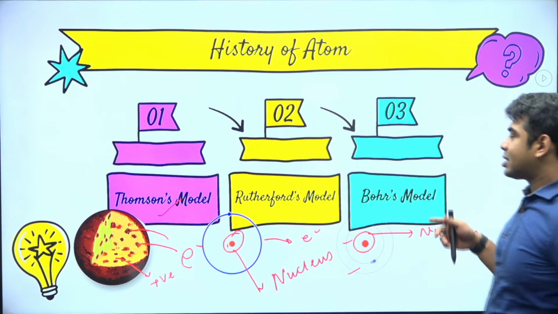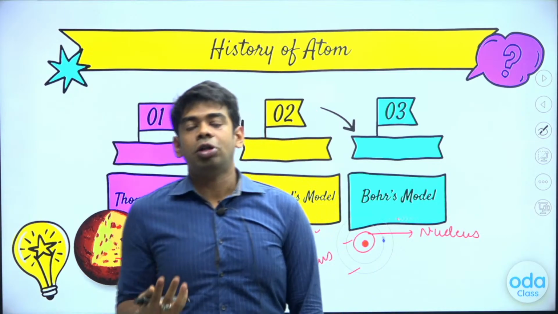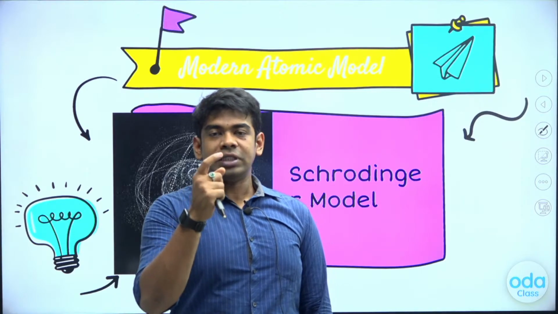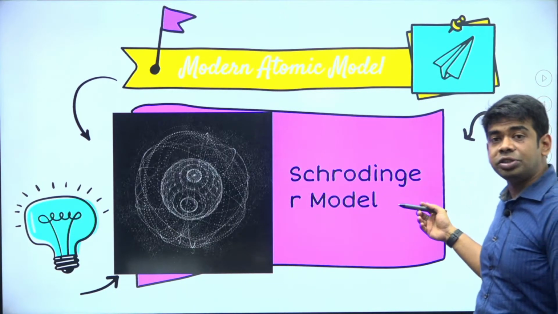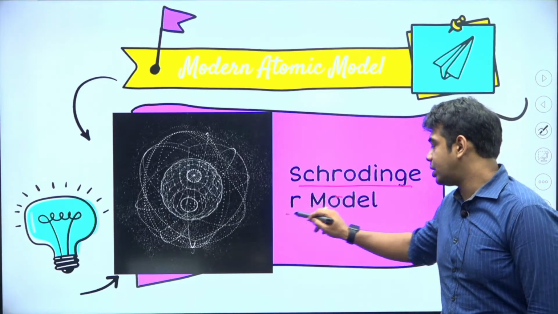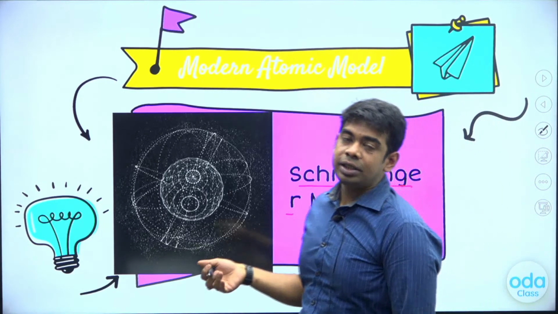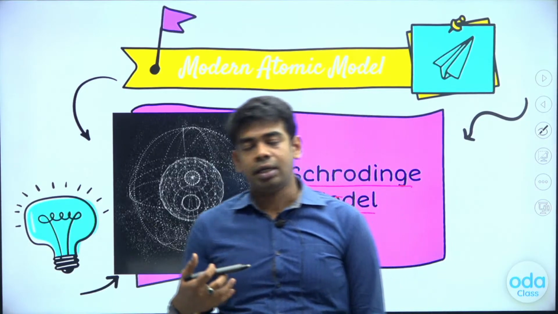Now, let's continue our discussion. What was the next model of the atom, the one we actually follow? There was one model which came in and changed everything. That was the model given by Schrödinger. I'll just underline, this is Schrödinger's model. In this model, he talked about how the electrons are not revolving or rotating in a fixed orbit.